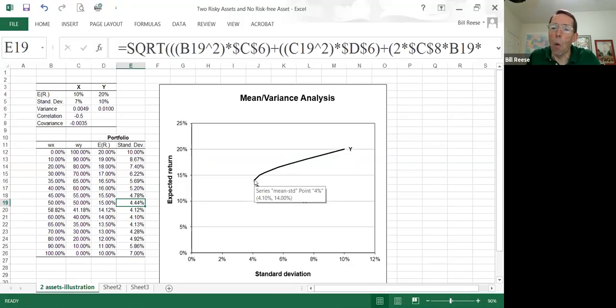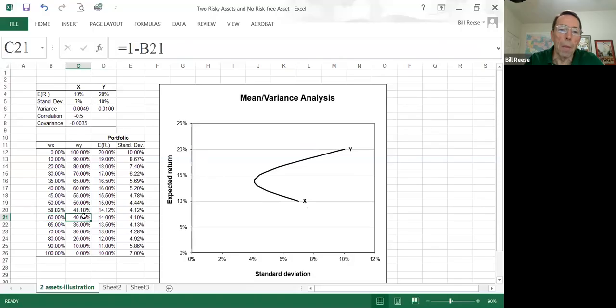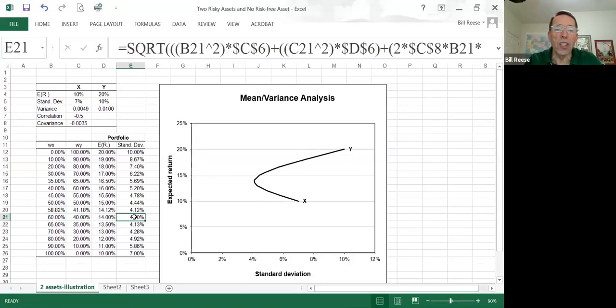And it's where you have the smallest variance, which is also the smallest standard deviation on this hyperbola, okay? So just visually, it's going to be right about there. Now, we could look here and see what has the smallest standard deviation, and it looks like it's right about here at the 60-40, but remember, it might be 62% or 59% or something like that, so we haven't necessarily found it exactly. We could use Solver to find it exactly, but we're not going to do that right now.